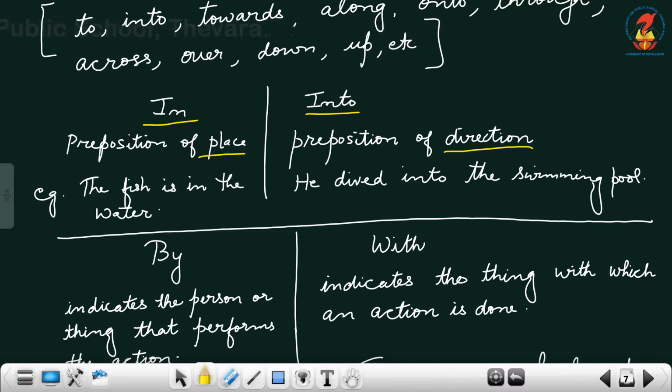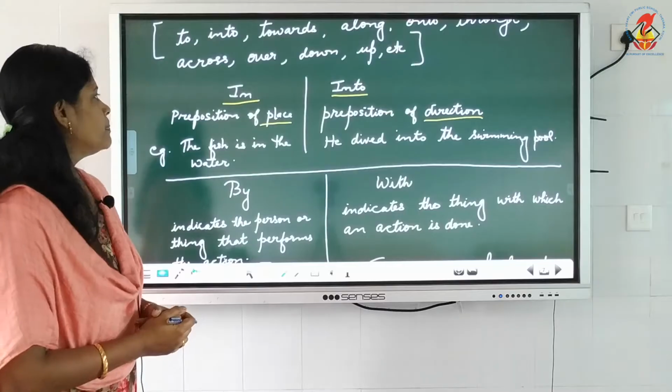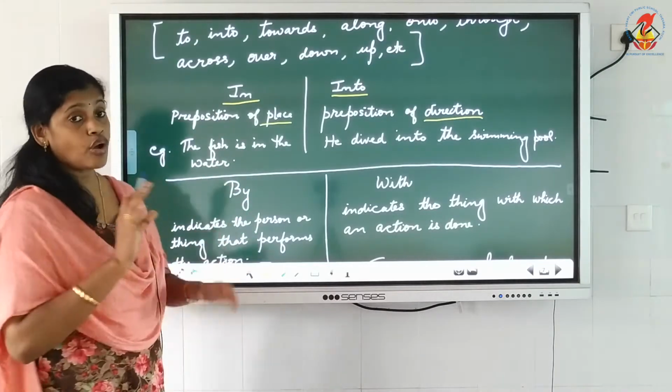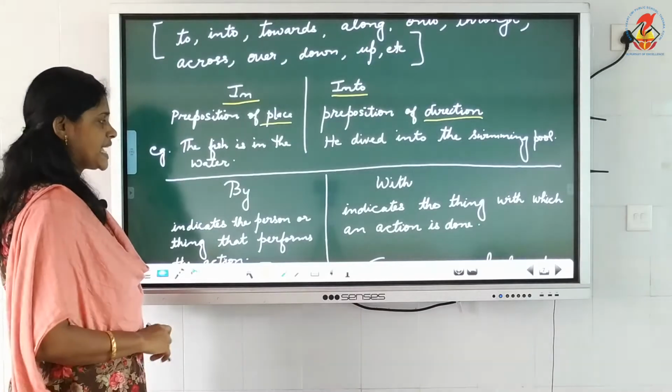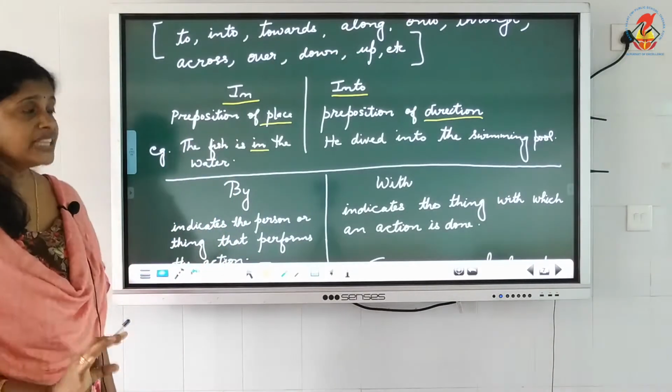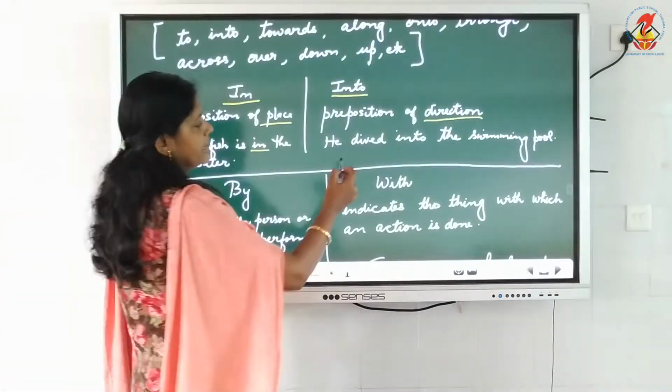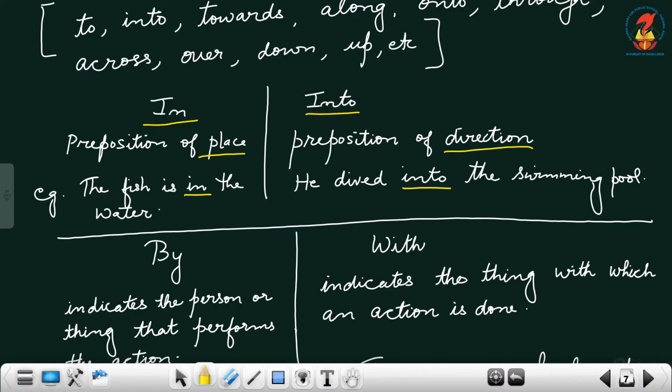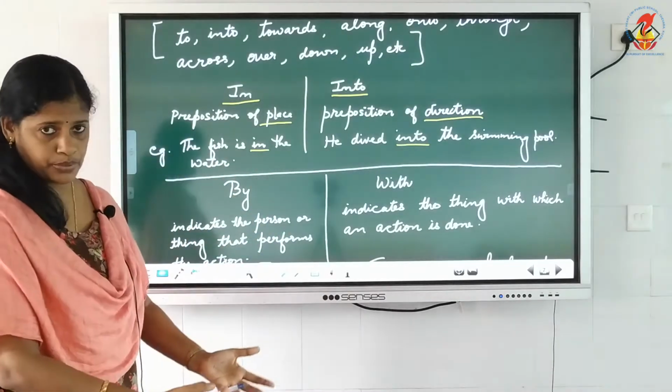He is moving from one place to another, but the word in shows that it is already inside. For example, the fish is in the water. It is already inside the water. Here, he dived into the swimming pool. That means some movement was there from one place to the other. He might have dived from the land to the swimming pool.